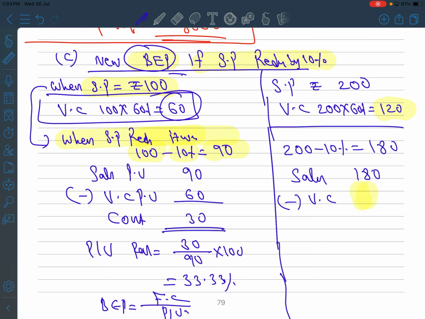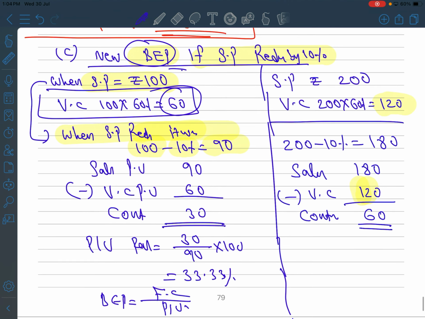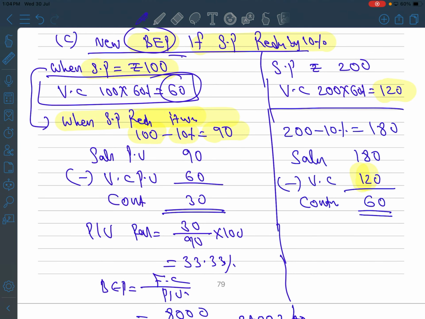120, not 60. Yeah, that you mean? Yeah, sorry. When I am asking variable cost, you gave me the reply of contribution, then it will make a mistake. Then PV ratio is equal to 60 divided by 180 into 100. What will be the amount?